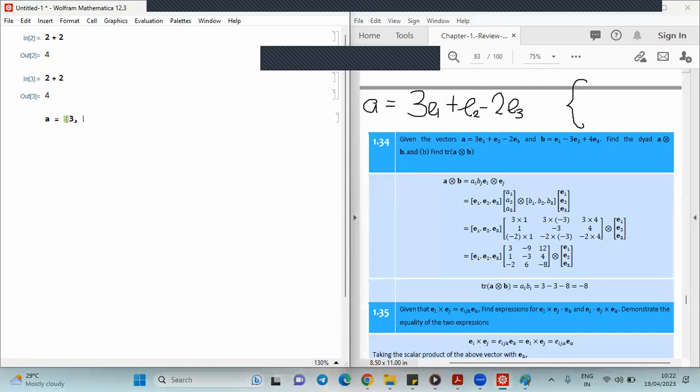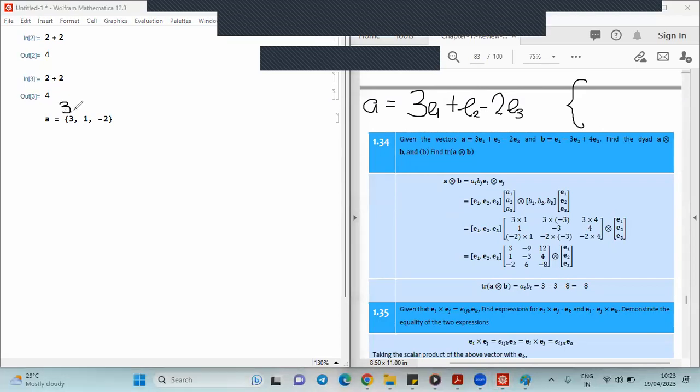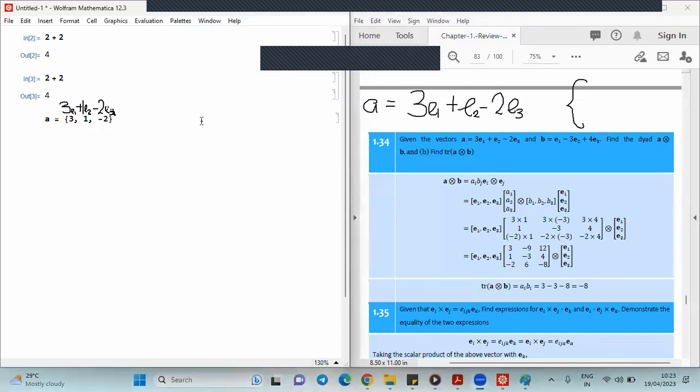The coefficient of the second one is 1, comma. The coefficient of the third one is minus 2. Close curly brace. 3E1, this is exactly what we've written. A is equal to 3E1 plus 1E2 minus 2E3. That is it. Simple as that. Are we together? We have just defined A.